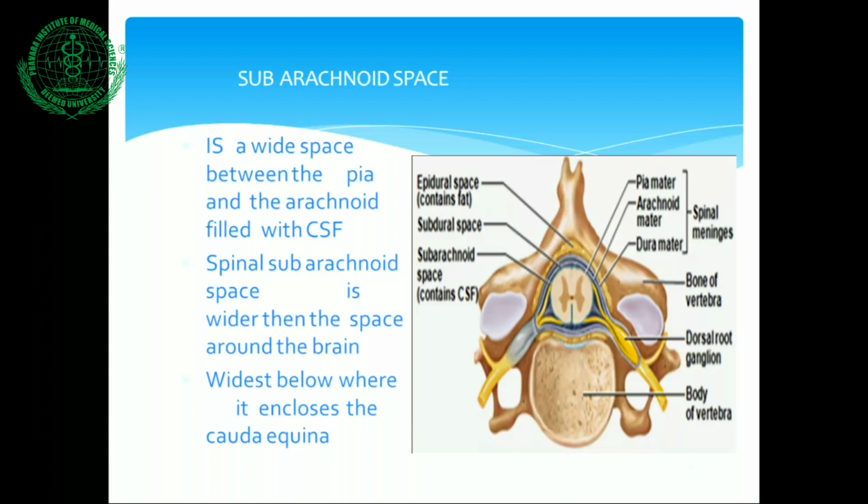Then after these spaces, now in short regarding the external features present on the spinal cord. The spinal cord consists of anterior and posterior surfaces.